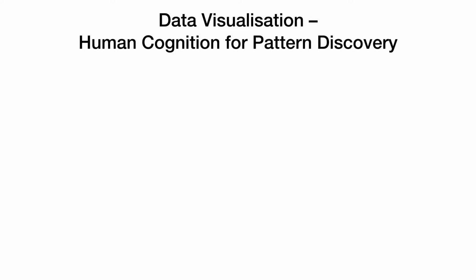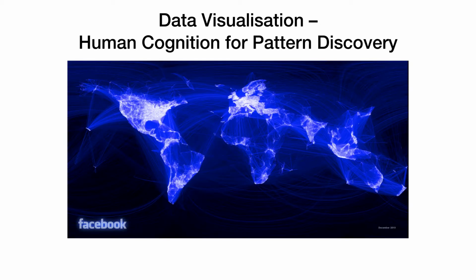The best way to let humans interact with data is through visualization, because that is the fastest channel for humans to perceive data. This is a picture from Facebook showing the connections between their users. Each dot is a user, and two users are connected if they are friends.